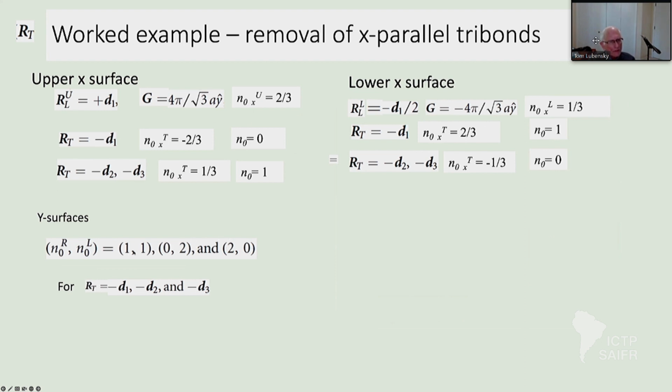We have the 2 choices, 1, 1, 0, 2, or 2, 0, and that's not too different from what we were getting in the Kagome lattice, where on the vertical line, we had 6 sites per unit cell instead of, wait, no, I still had 3 sites per unit cell, but the unit cell was twice as long.